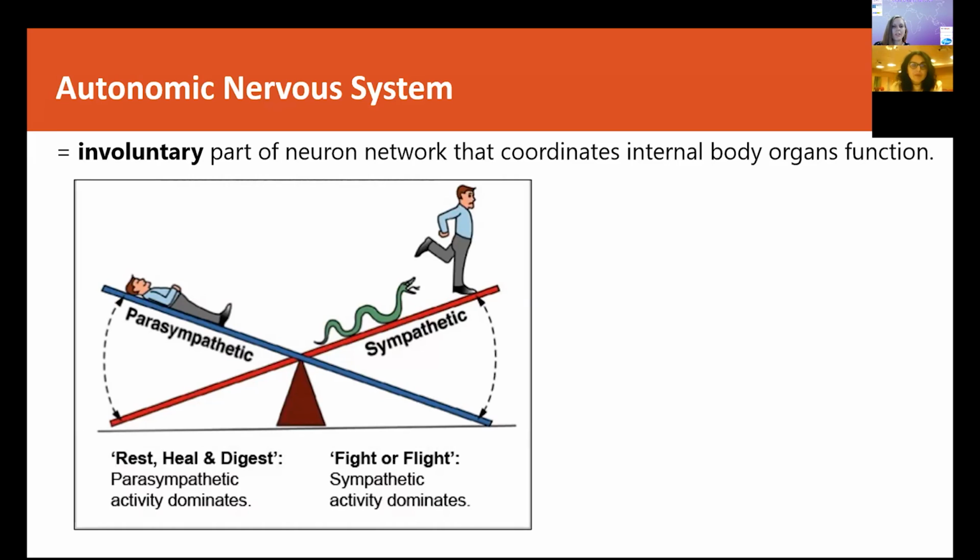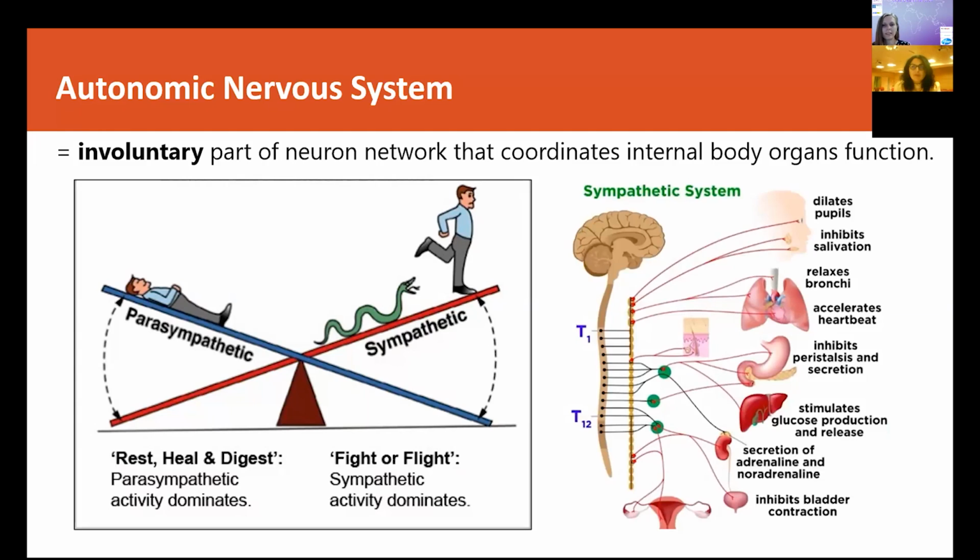So you see here a picture of this careful balance that this neuronal network performs between different needs of our body: the state of rest, when we rest, heal, and digest, which we call parasympathetic activity, and the state of fight and flight. So when the body needs to operate on a different level in situations of stress, then the sympathetic activity dominates.